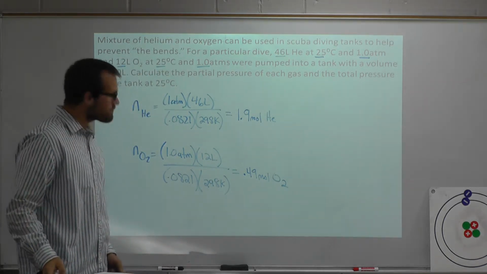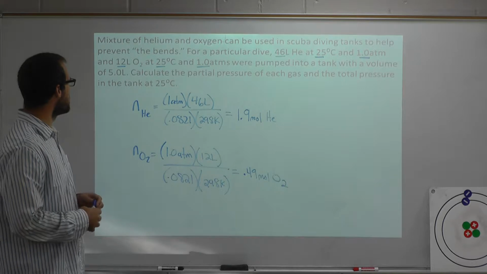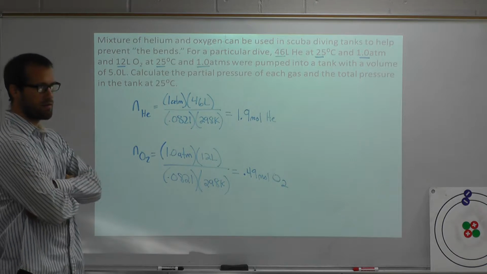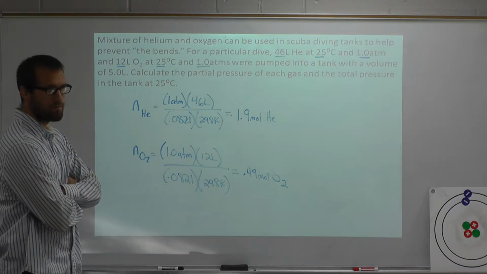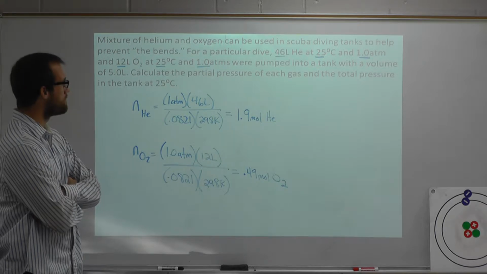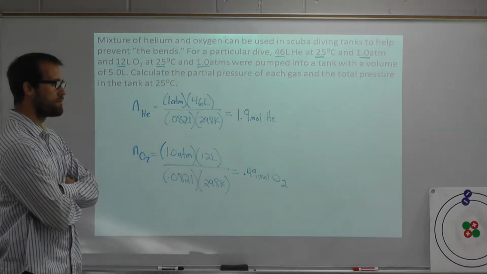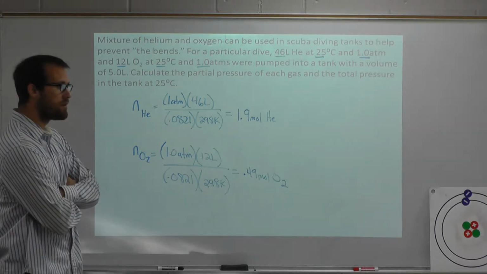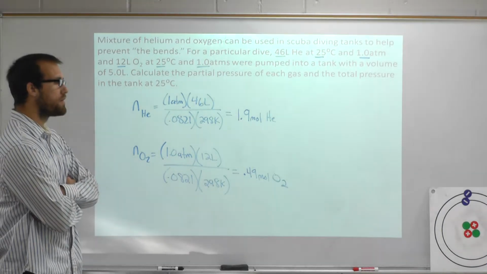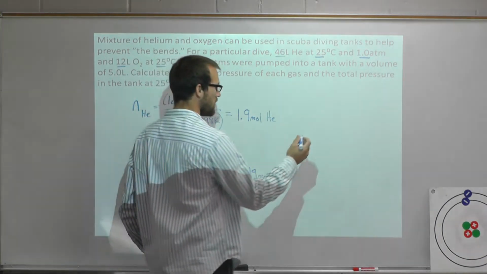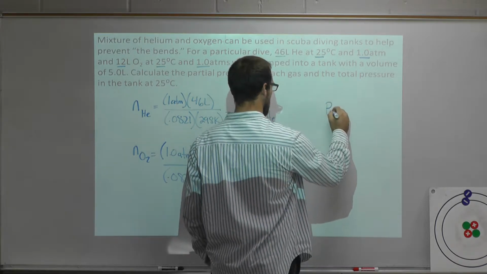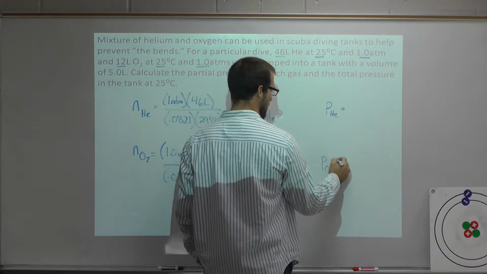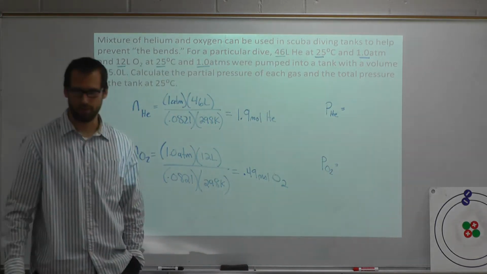Alright. Now we've got new conditions, and it says calculate the partial pressure. Well, what would we be doing here then? Let's say that again. I think you're right. You take each one of those and put them into new conditions to find partial pressure. Yep. So I want to find the partial pressure of helium, and the partial pressure of oxygen gas, because I know they act independently of each other.